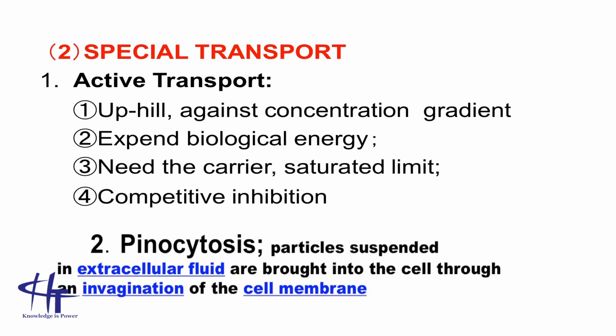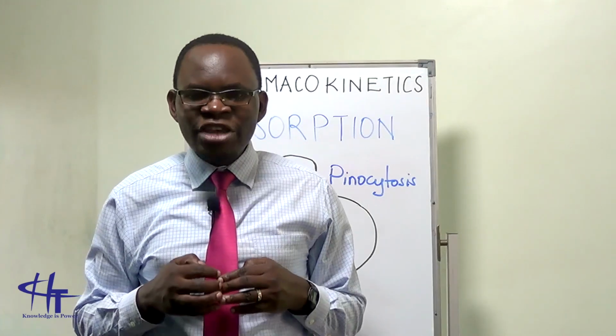And then lastly, we talked about pinocytosis, whereby the cell modifies itself to capture the drug so that it comes within its cell membrane, inside the cell. Thank you very much.